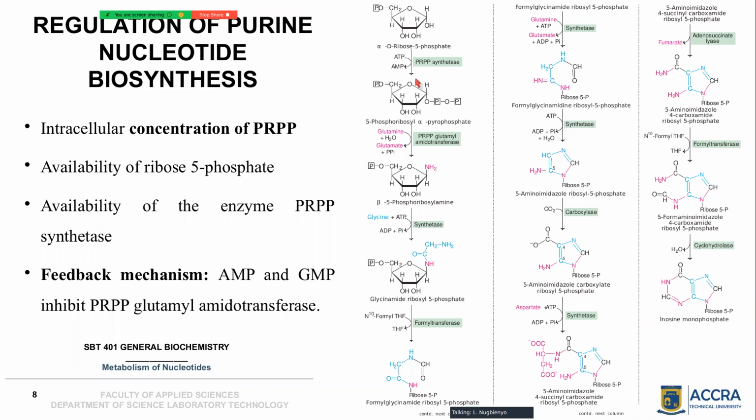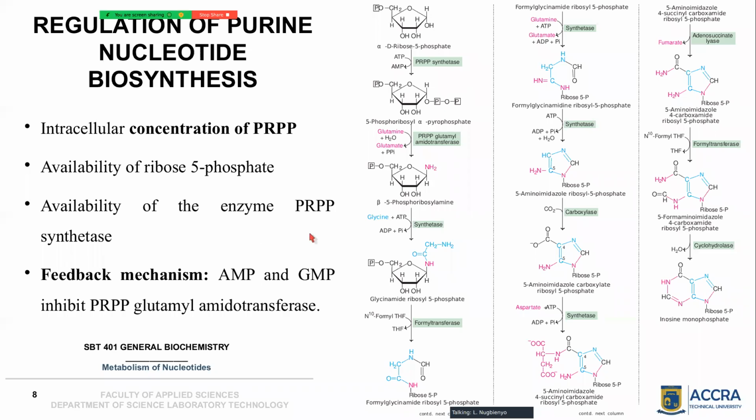But if there is a defect in the synthesis of this protein, the protein which becomes the enzyme, phosphoribosyl pyrophosphate synthetase, then of course this reaction is going to be inhibited. So you see the interconnection of all these reactions happening in the body. All these things are happening at the same time. And so the synthesis of proteins, the synthesis of carbohydrates, that is the ribose 5-phosphate, all of these will be having effects one way or the other. If there is a defect somewhere, it goes to affect the other.